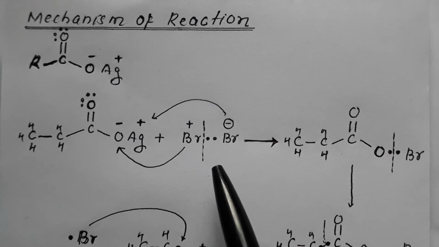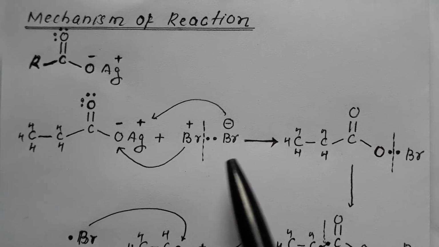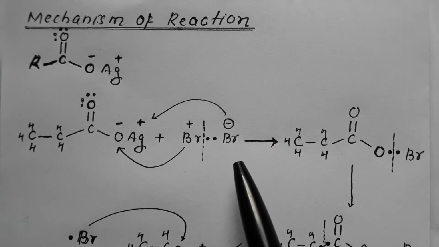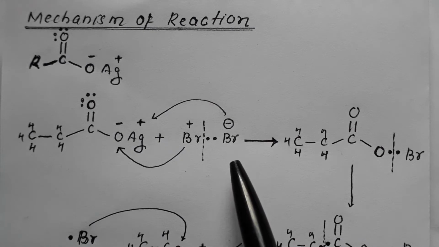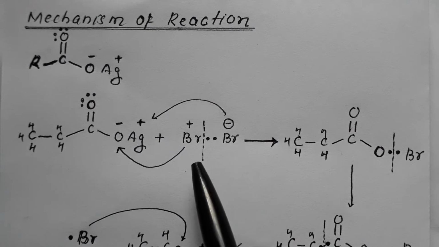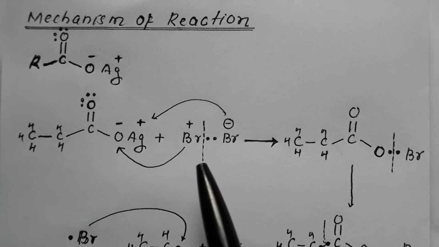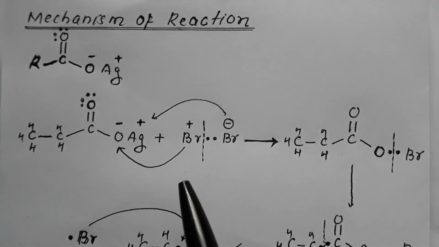This bromine molecule undergoes heterolytic cleavage. The shared pair between the two bromines is taken by one of the bromine atoms, converting one bromine into bromide and the other into bromonium. So the bromine molecule undergoes heterolytic fission to form a bromide ion and a bromonium ion.